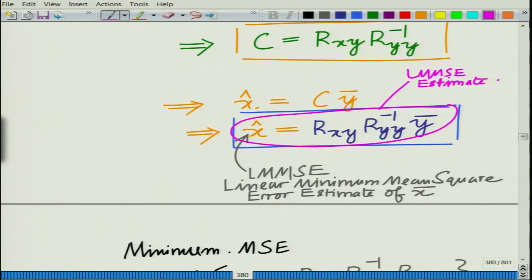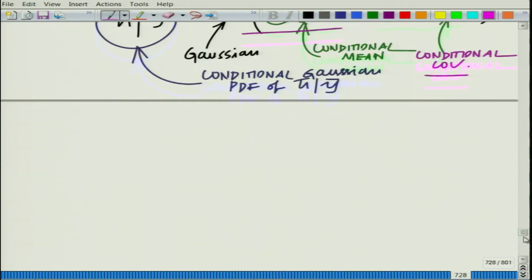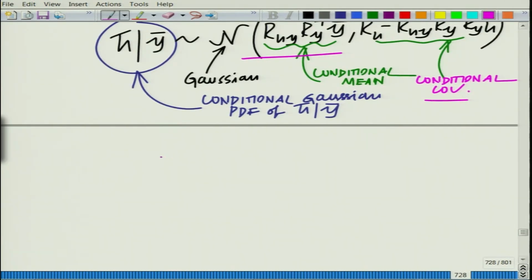And now if you look at this, you will exactly get the same kind of expression. What you are observing here is that this quantity is what is known as the MMSE estimate, the minimum mean squared error estimate. Remember, h bar is an unknown quantity.